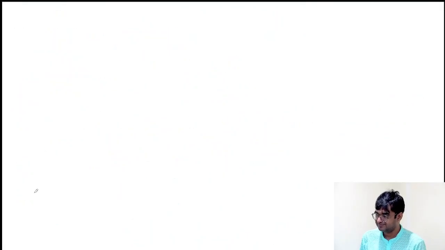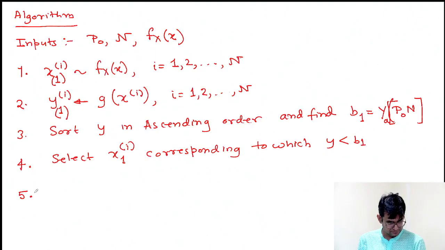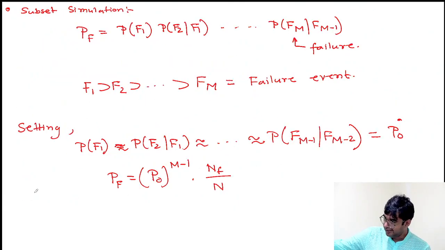Correct? That's what you need to do. And that you cannot do directly. You cannot draw samples from this conditional distribution directly. And I will tell you why in a short while. So what you will do is that you will form a Markov chain corresponding to the event f2 given f1. And you will use that Markov chain to draw samples.